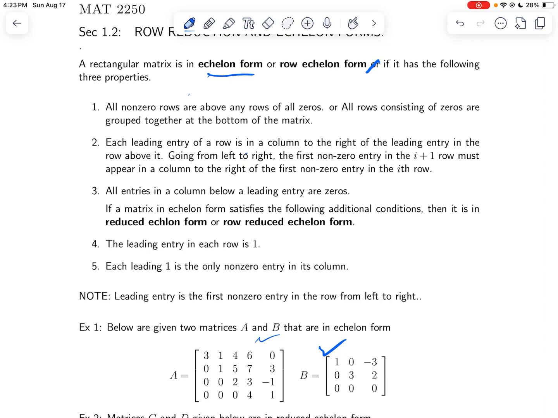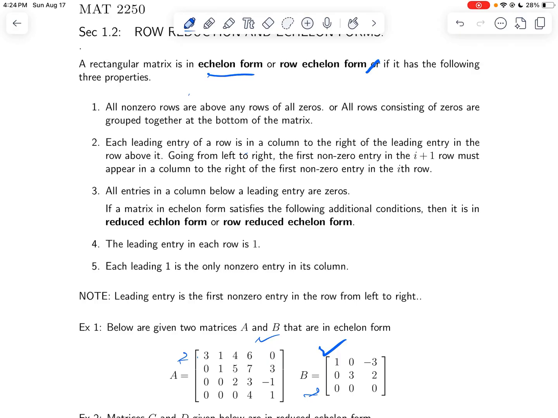In other words, going from left to right, the first non-zero entry in the i plus 1 row. There could be a lot of rows. We are looking at a matrix of 4 rows and a matrix of 3 rows, but we could have 50 rows or 100 rows, so we are going to generalize the statement.